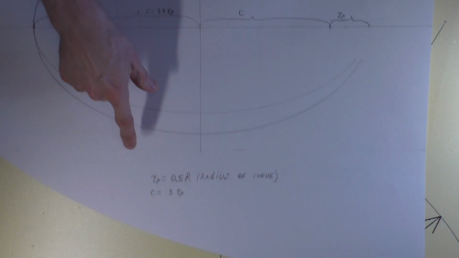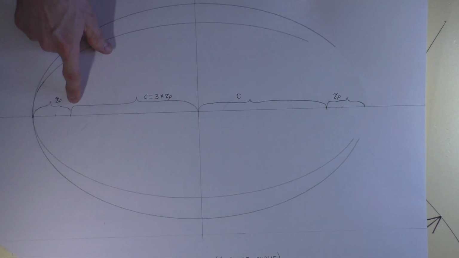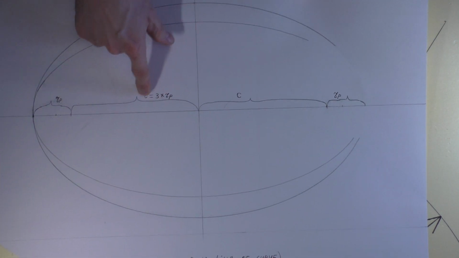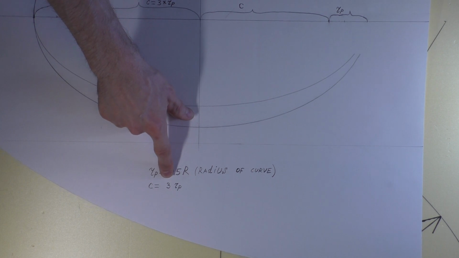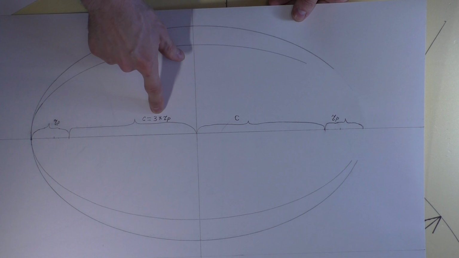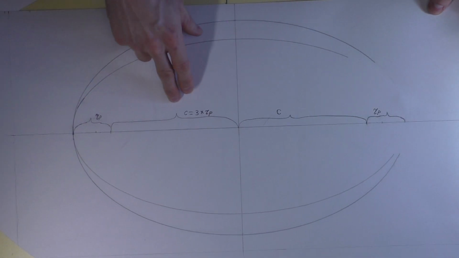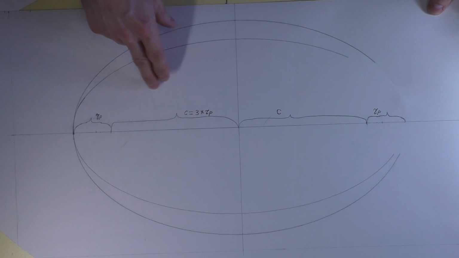The RP should be half of radius of your curve, and value C should be 3 times larger than RP. But of course this is only starting point.